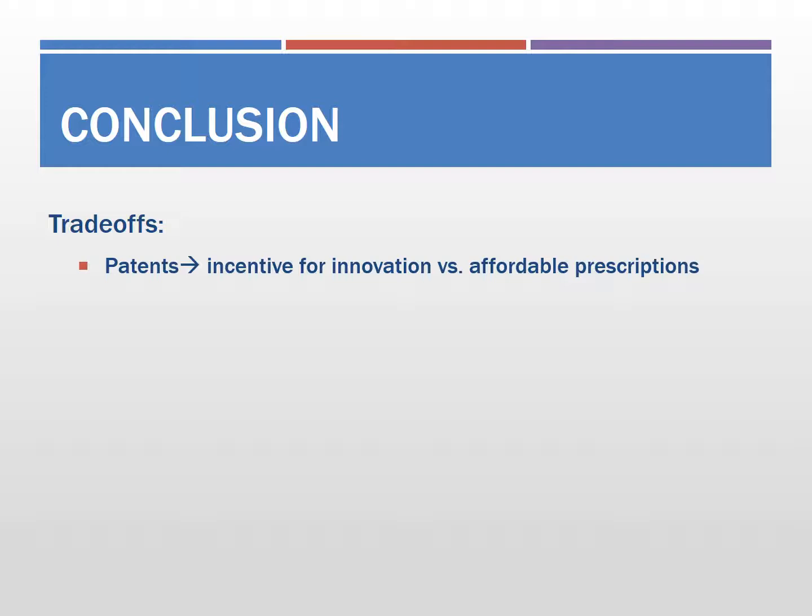For example, the stricter the patent is, the longer the term we give to the pharmaceutical company. That means the drug price will never fall, so it becomes very unaffordable for people to buy drugs. However, if we give very short patent periods for the company to sell the drugs, it will reduce the incentive for innovation.